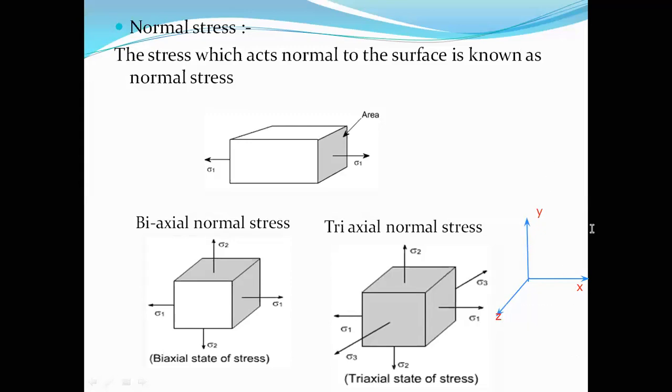So in the case of triaxial normal stress, the stresses will be acting along x, y, and z. Whereas in the case of biaxial, it will be only along x as well as y. Whereas in the case of simple normal stress, it will be unidirectional. Here in this case, it is along x. So this is about the normal stress.